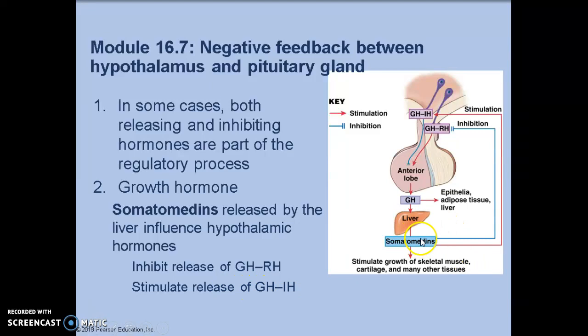If you look here, the blue line is inhibition. Those somatomedins are going to inhibit, once the action is done and the hormone needs to stop, it's going to go back and inhibit the releasing hormone and stimulate the inhibiting hormone. So the inhibiting hormone is going to inhibit the anterior lobe of the pituitary.